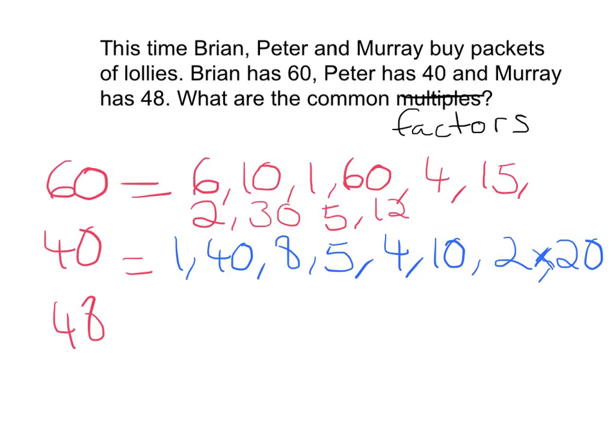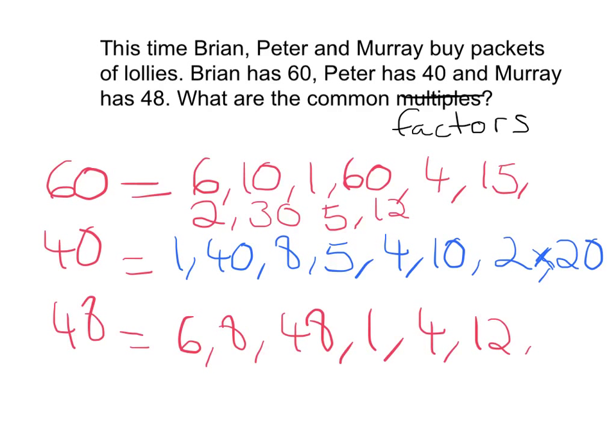And underneath here, for 48, we have 6 times 8, or 6 and 8. 6 times 8 is 48. 48 and 1. 4 times 12. And that's all. So now what we have to do is try and find the common factors.